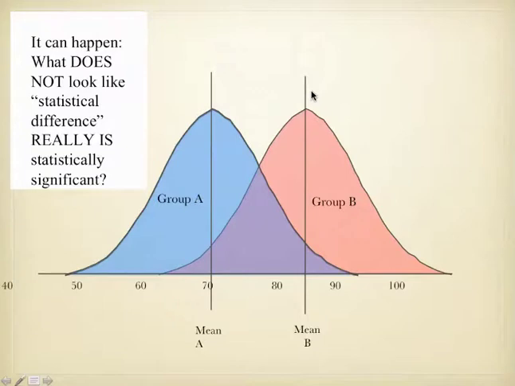So let's just for a moment assume that in real life there is this group A and then there's this group B, and they are different in some kind of measurement. It's not important for our purposes to know what the score is about, but whatever it was, group A had a 70 and group B had an 85. And we want to find out if that's a statistically significant difference.